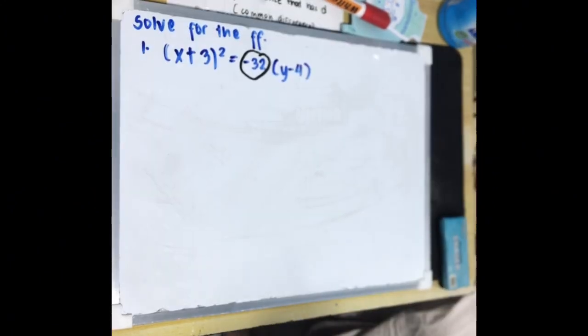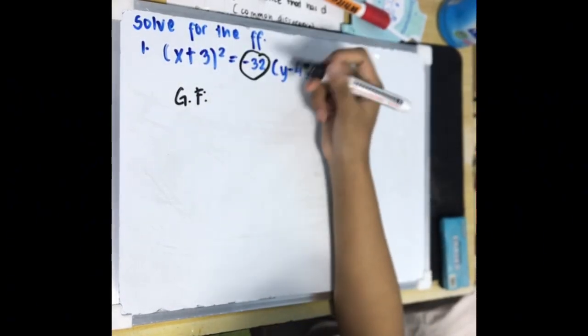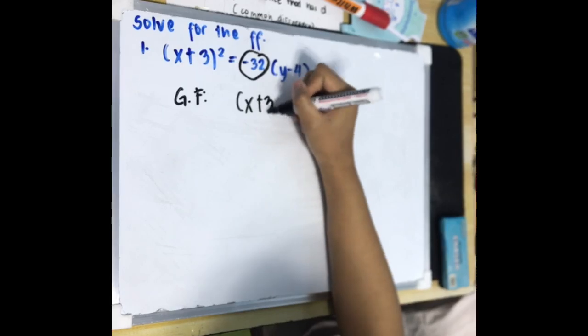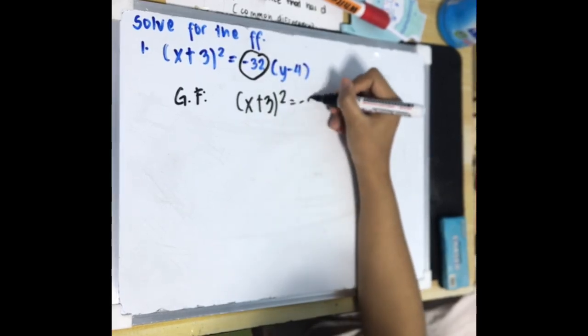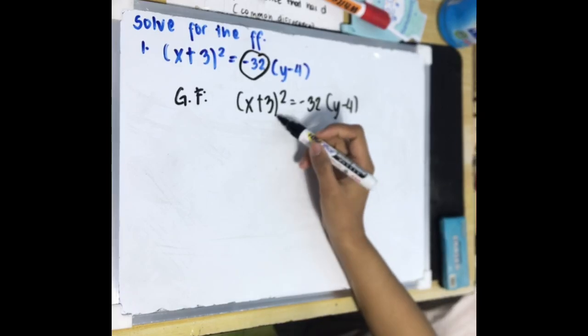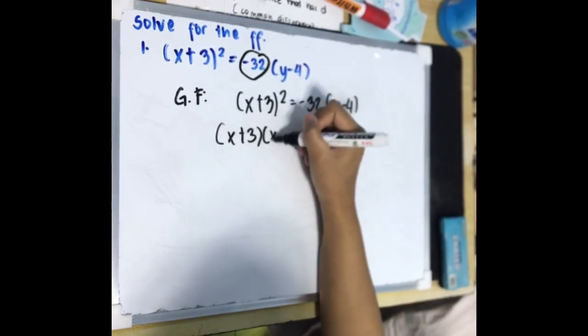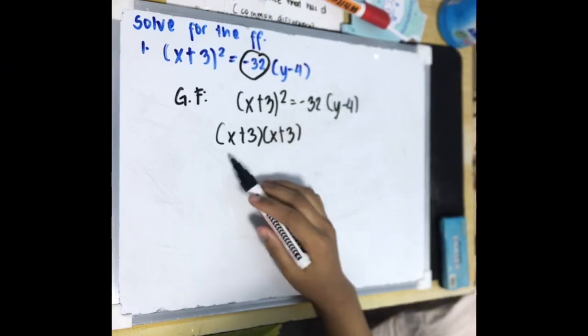So now let's find the general form of the given. To find the general form, we're going to write down the given. And as usual, if may naka-squared na part, we're going to expand. And we're going to multiply both sides.